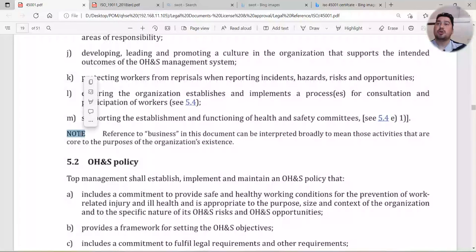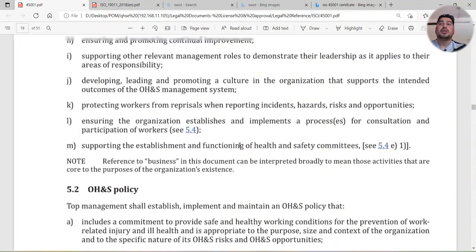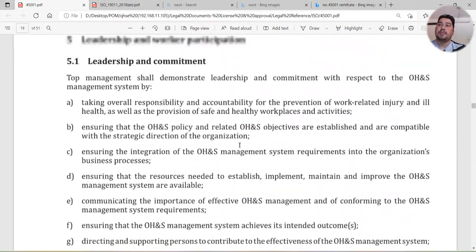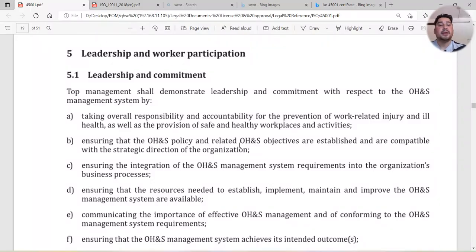Okay, let's see the note, what it's saying. Reference to business in this document can be interpreted broadly to mean those activities that are core to the purpose of the organization's existence. Business means any organization or the activities that you are performing. So that is clause number 5.1, leadership and commitment.